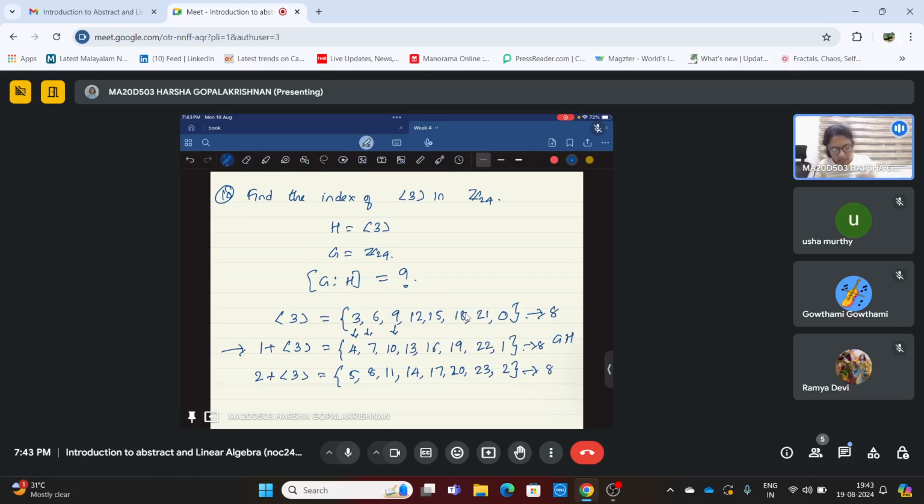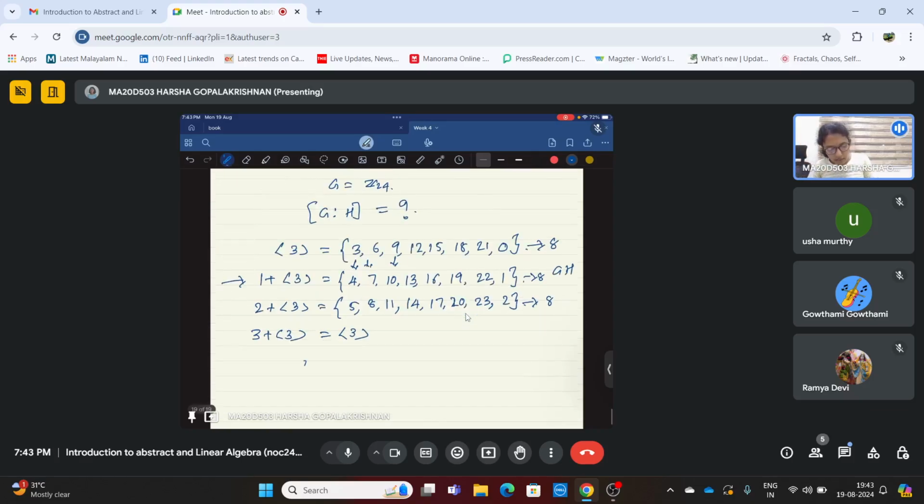Now, the next possibility is 3 plus <3>. What is 3 plus <3>? It is the same as <3>. We are just adding, so it will start with 6, 9, 12, 15, 18, 21, 3, 0, like that it will come, correct? So it is just the same as the earlier one. So we have only 3 cosets with respect to this one.